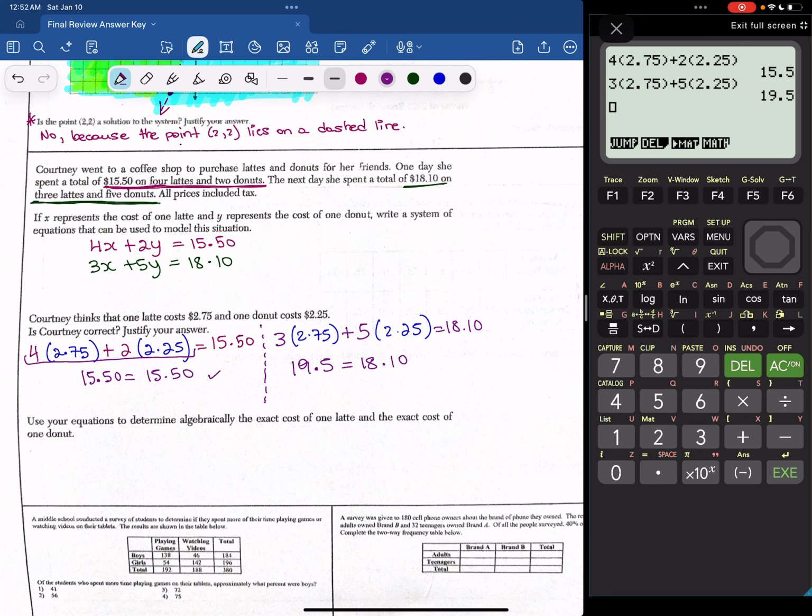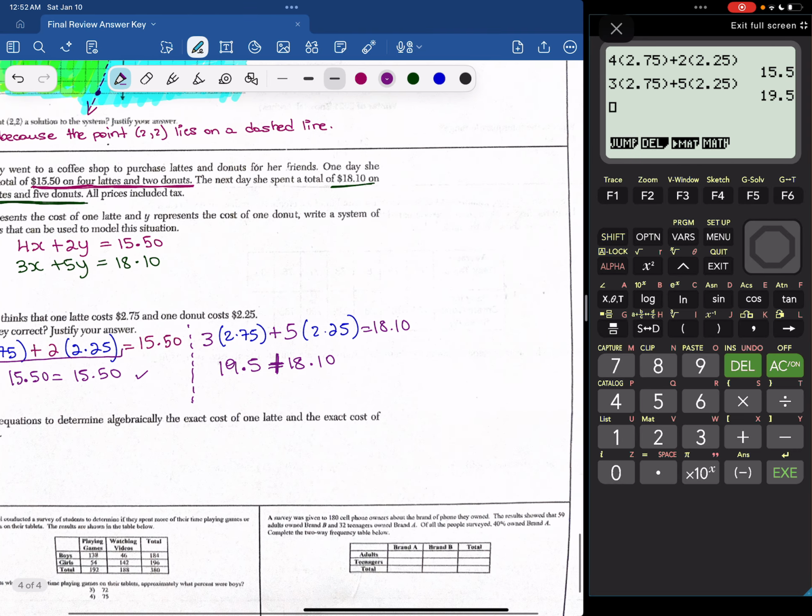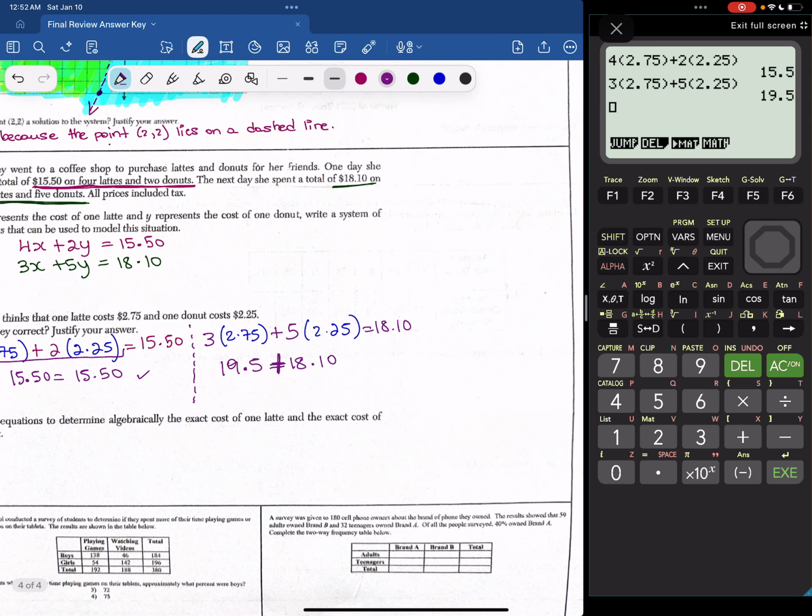Obviously, 19.5 is not equal to 18.10. So this cost, 2.75 and 2.25, does not work for the second equation. So Courtney is not correct, right? And they asked us to justify our answer, so we would say that she's not correct because 2.75 and 2.25 does not satisfy both of the equations.